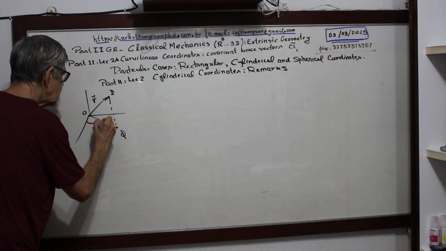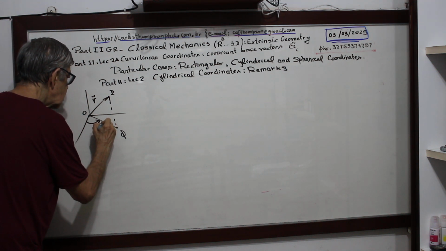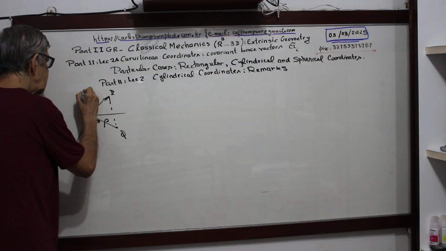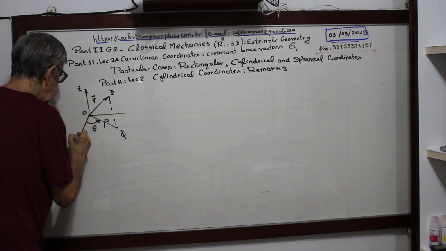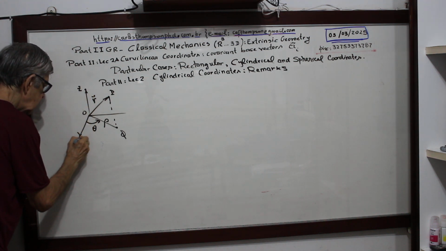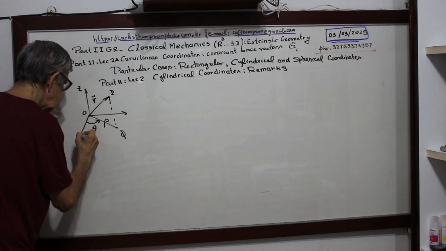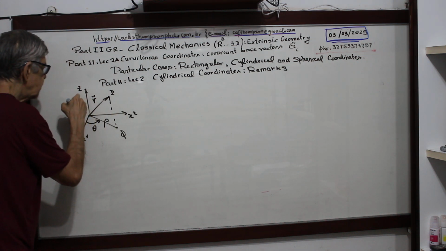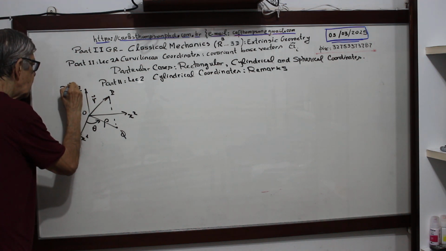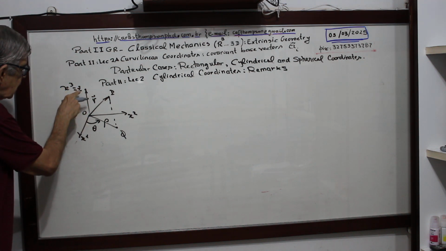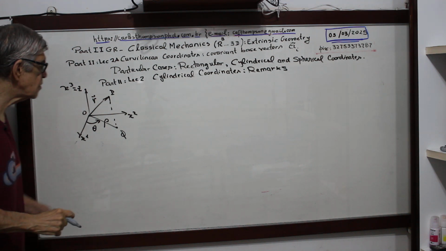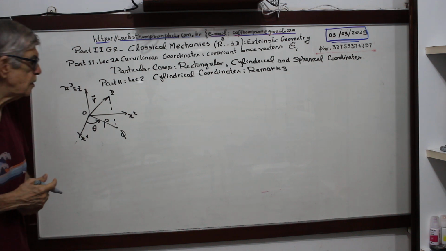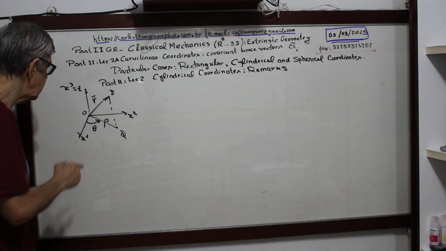This is rho, OQ, and this is Z. The Cartesian coordinates, let's put x1, x2, and x3. You see, Z belongs to Cartesian coordinates or rectangular coordinates and cylindrical coordinates.